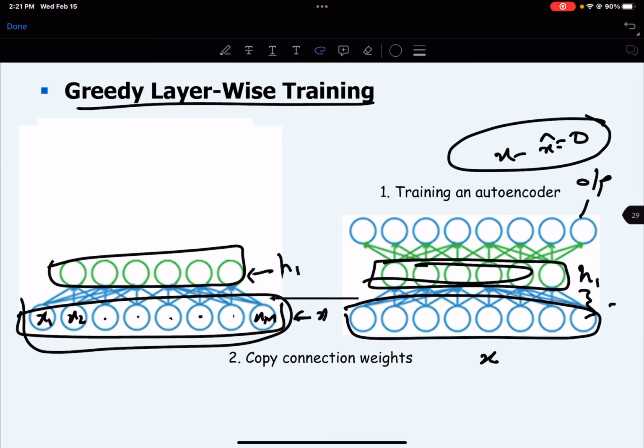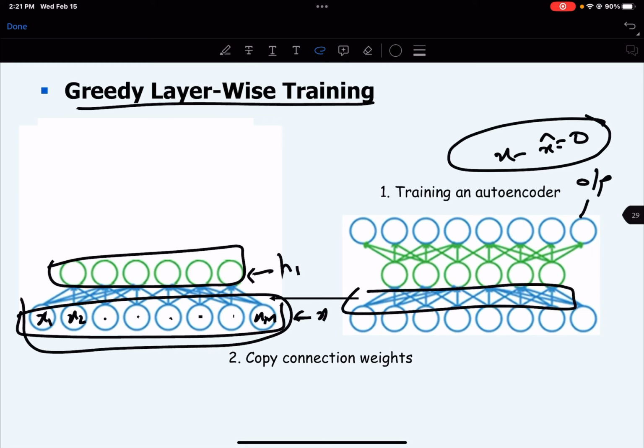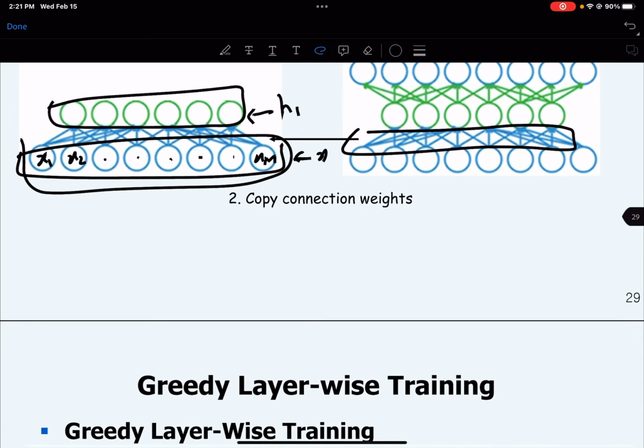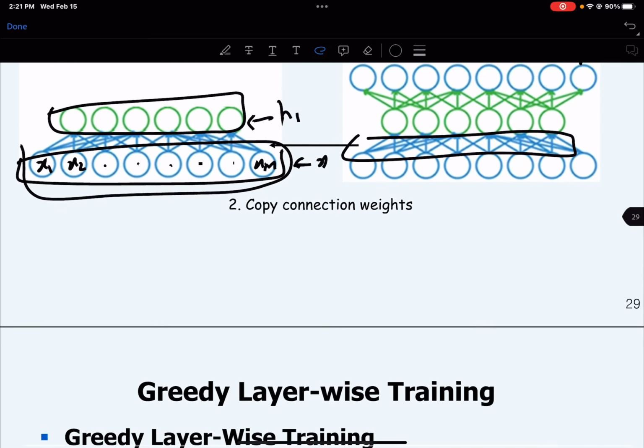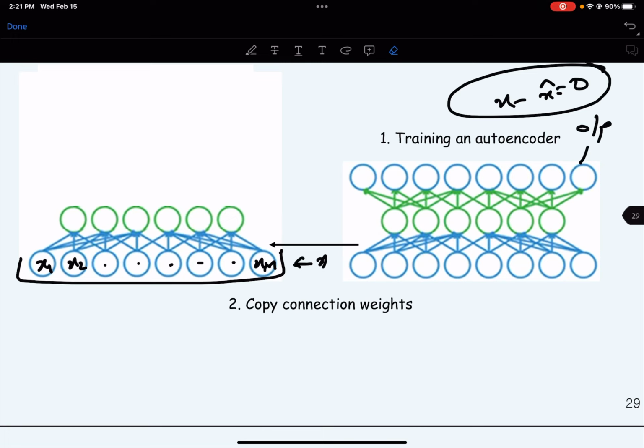Which weights are we interested in copying? The trained weights. These weights. And one more representation that we have here.